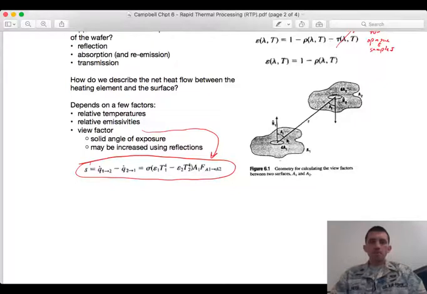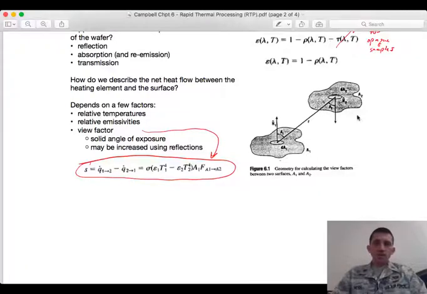If you move them further apart, just like the sun only occupies a small part of the sky, the energy being emitted in all directions, a smaller portion of it actually reaches your target.